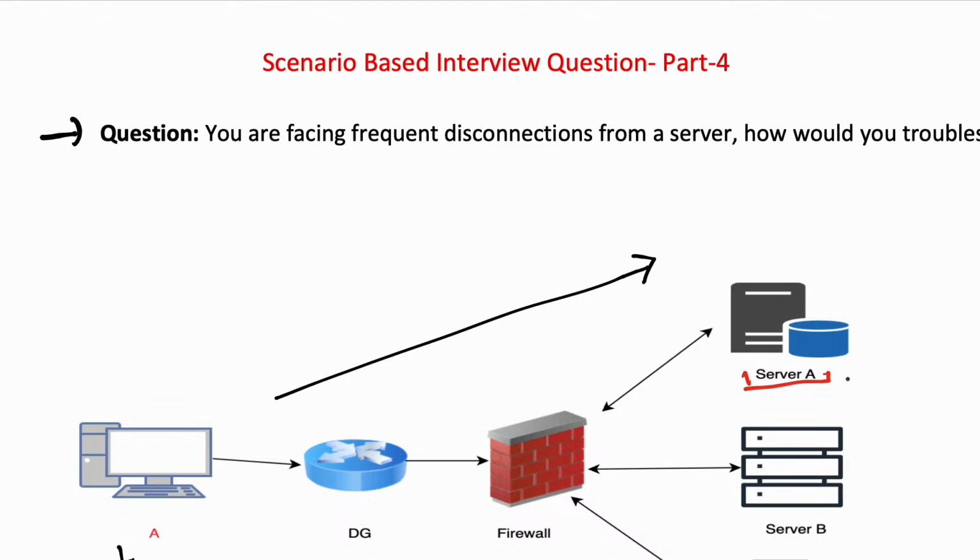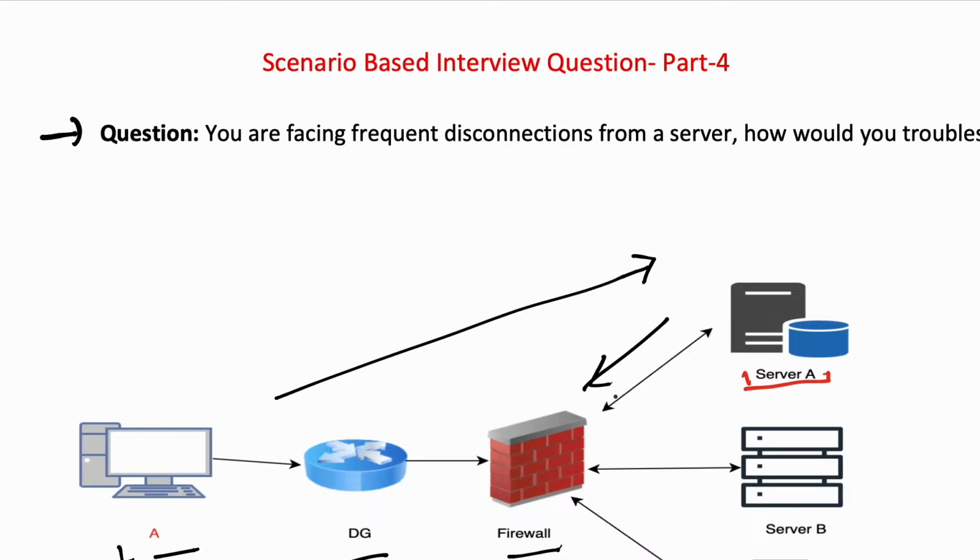The process I follow is I ping from all the intermediate devices. Usually there'll be only two or three. I'll put a continuous ping, that is ping hyphen T, from A, from the default gateway and from the firewall, and then I'll see where exactly I'm getting the issues.